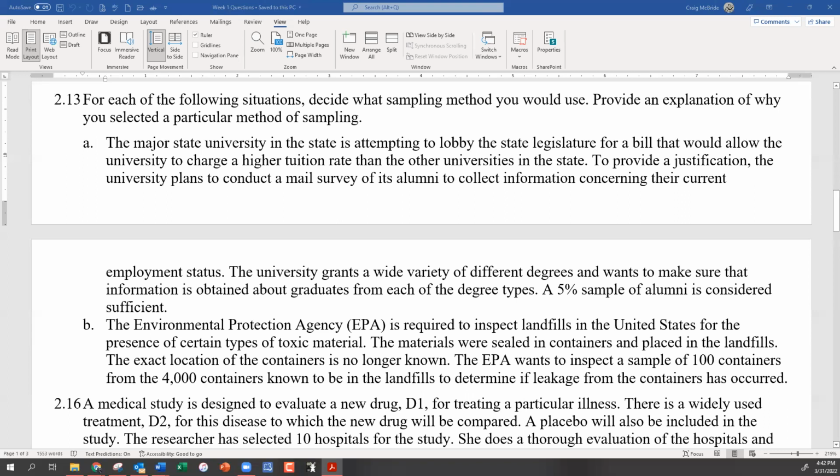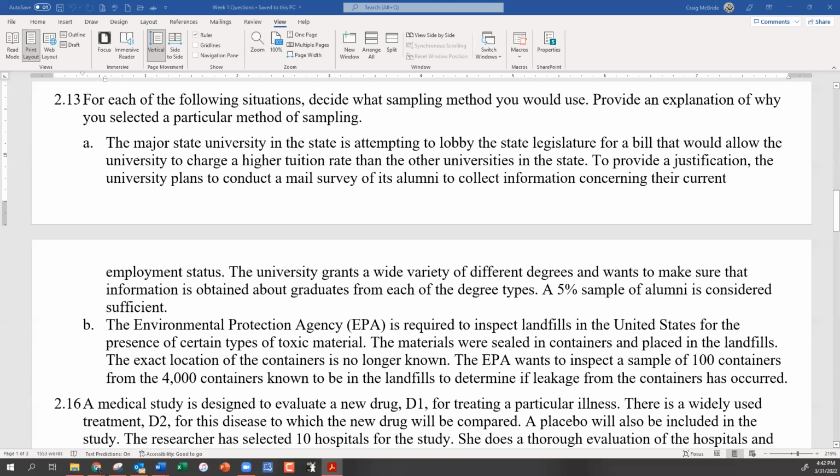I was thinking about using cluster sampling only because I know you're looking at heterogeneous groups, but I think the simple one goes with not knowing the exact location. So I wasn't sure if it was like a two-step process or which one would be better between those.